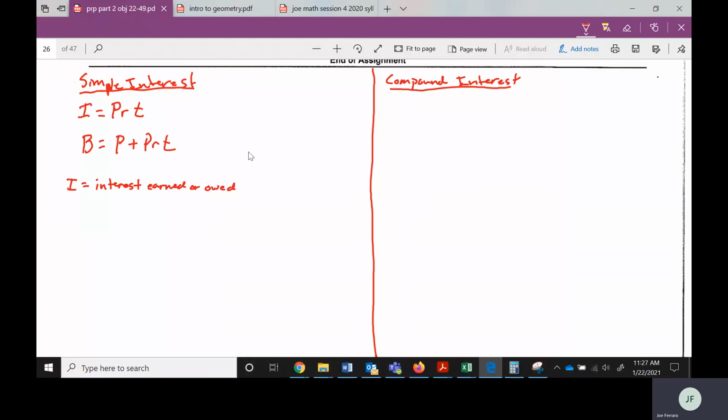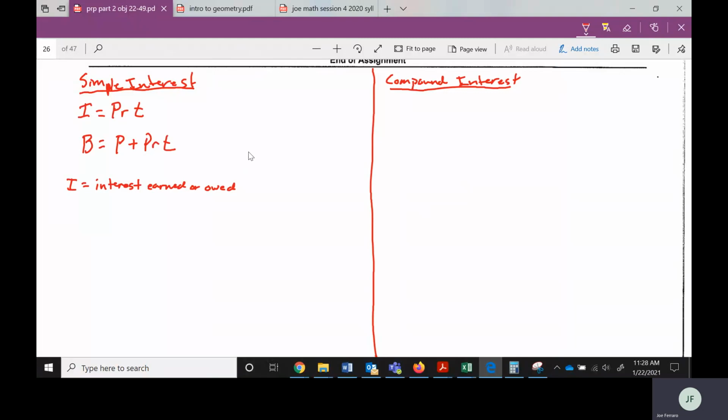So what that means is if you put $100 in the bank and after a certain amount of time you have $105 in the bank, the 100 you put in there was yours and you have earned $5, and so that $5 would be the interest earned. Or you can look at it the other way. If you borrowed $100 and at the end of a certain time you ended up paying $120, the 20 was the interest that grew in that time.